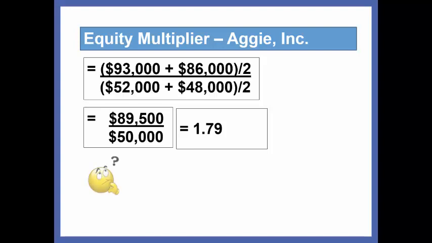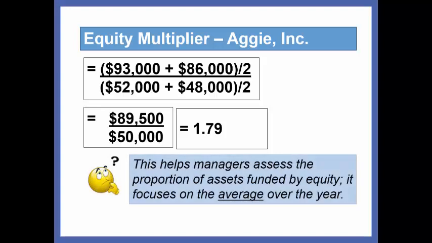This one tells management more of the average over the year, whereas the debt to equity ratio looks at the end of the year. Now, I'm more interested in you understanding the meaning of that debt to equity ratio, but it's not hard to learn how to plug in to find the equity multiplier. But focus your understanding of this on debt to equity.